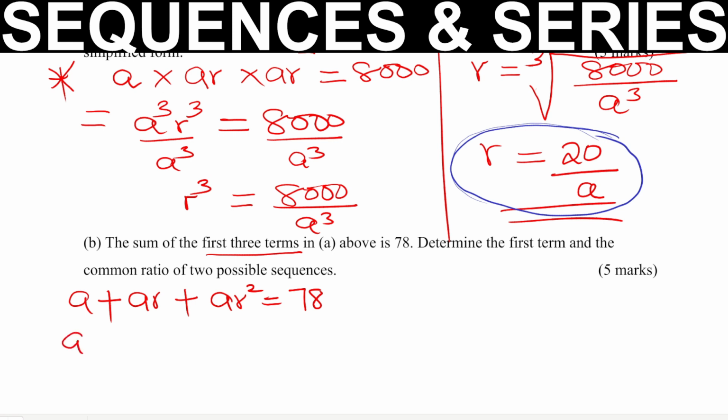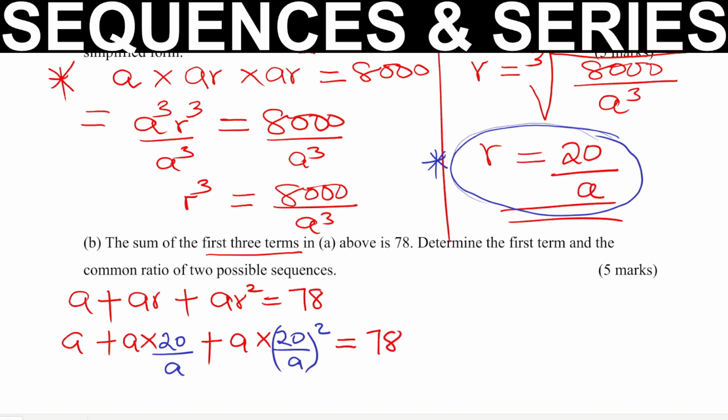So we have A plus A times R, where R is 20 divided by A, plus A times R squared. R squared will be 20 divided by A, squared, equals 78.